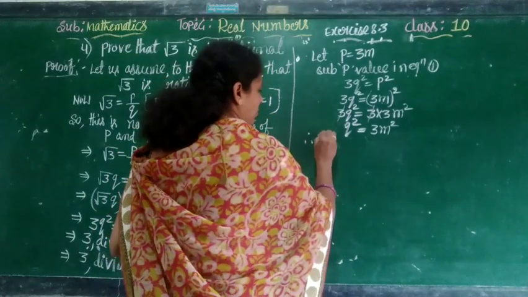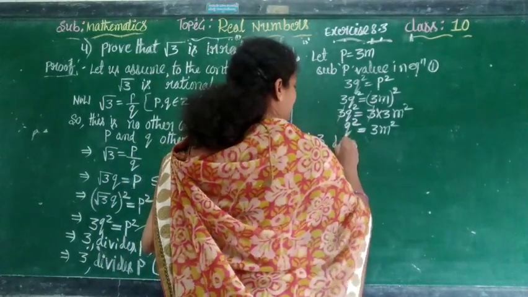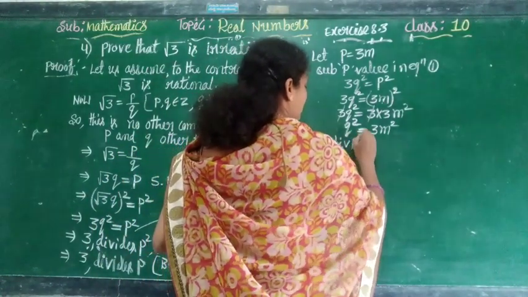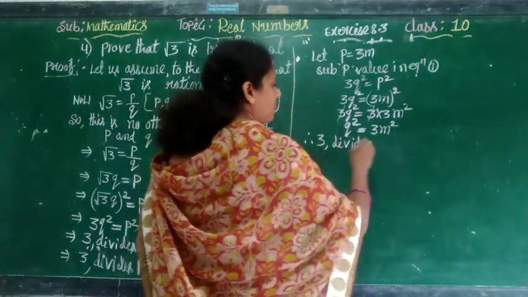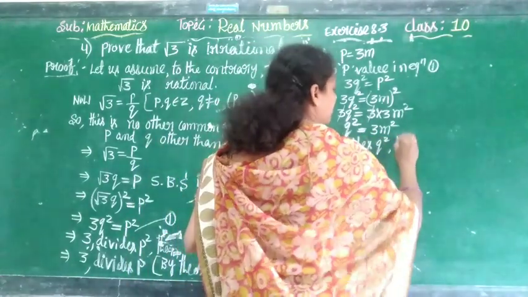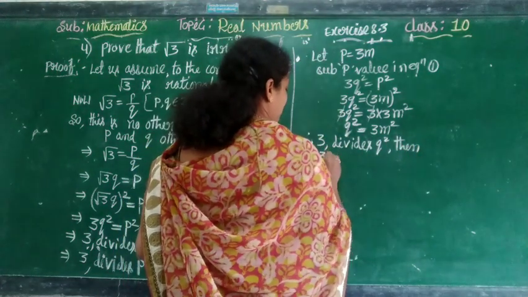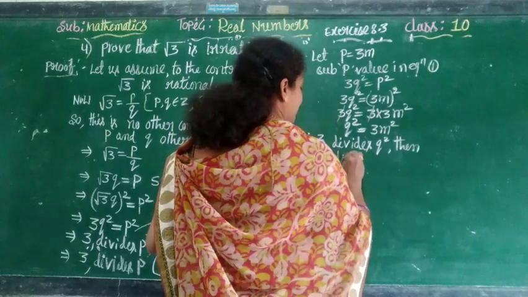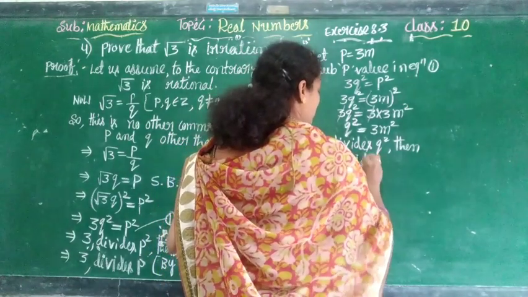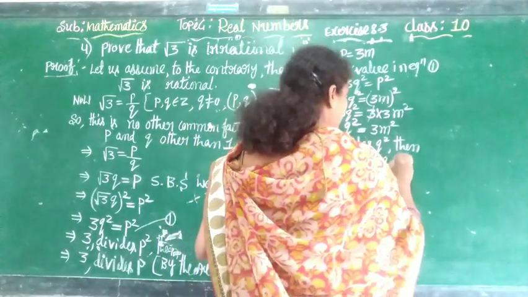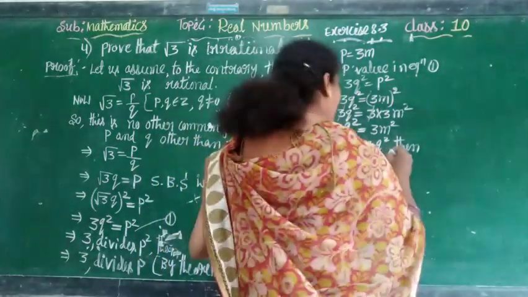Therefore, 3 divides q square. Then this implies that 3 also divides q by theorem.